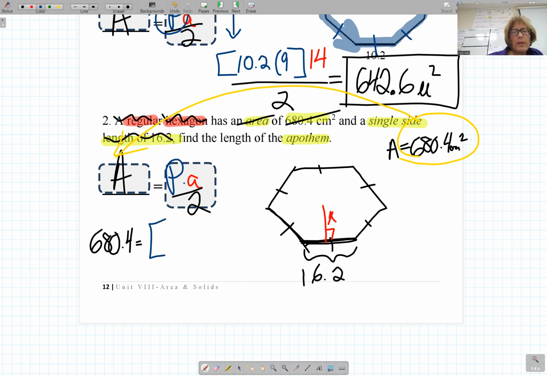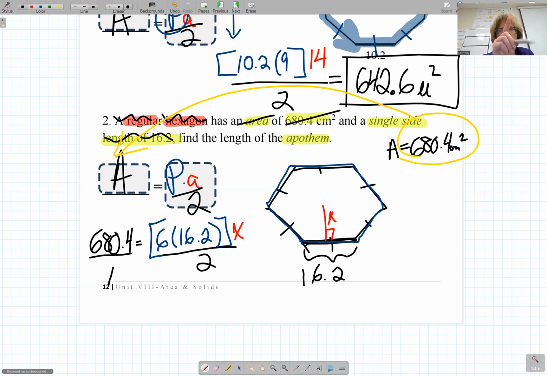Perimeter: count 1, 2, 3, 4, 5, 6. It is 6 times 16.2, times our apothem, which is X over 2. Do not touch a calculator until your variable is by itself.